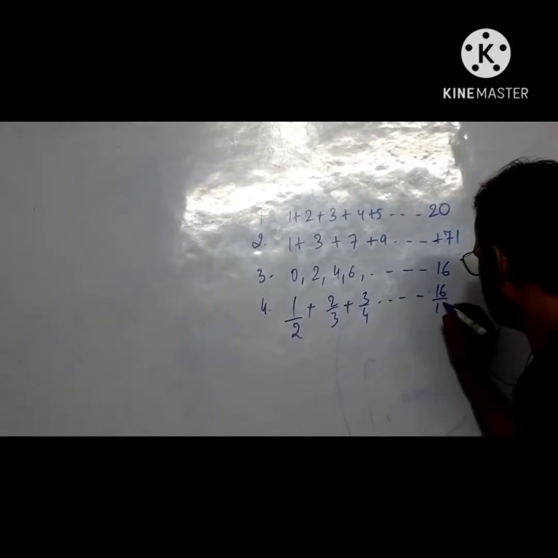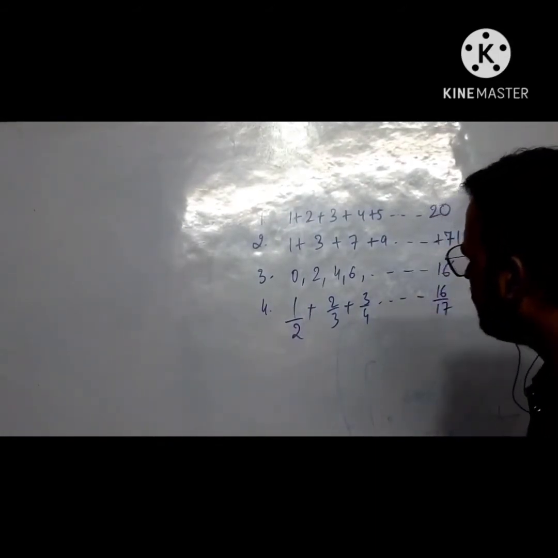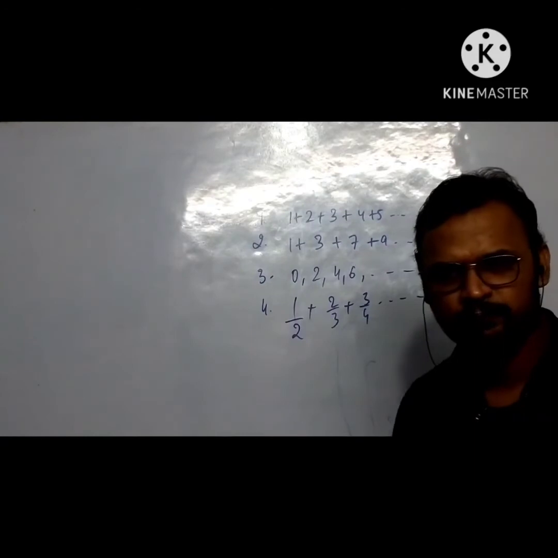Okay, 16 upon 17 is there. First we will make these 4 loops, then we will move further.